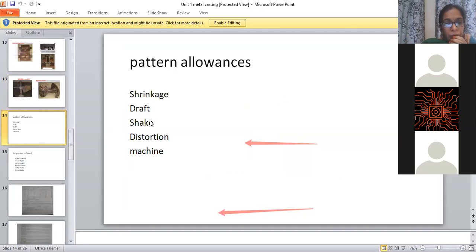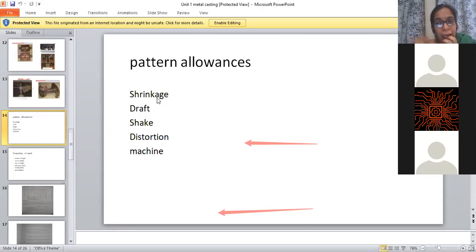There are 5 different allowances: shrinkage allowance, draft allowance, shake allowance, distortion allowance, and machine allowance. Shrinkage allowance is needed when there is a phase change. You are pouring molten metal which is in a liquid state, isn't it?